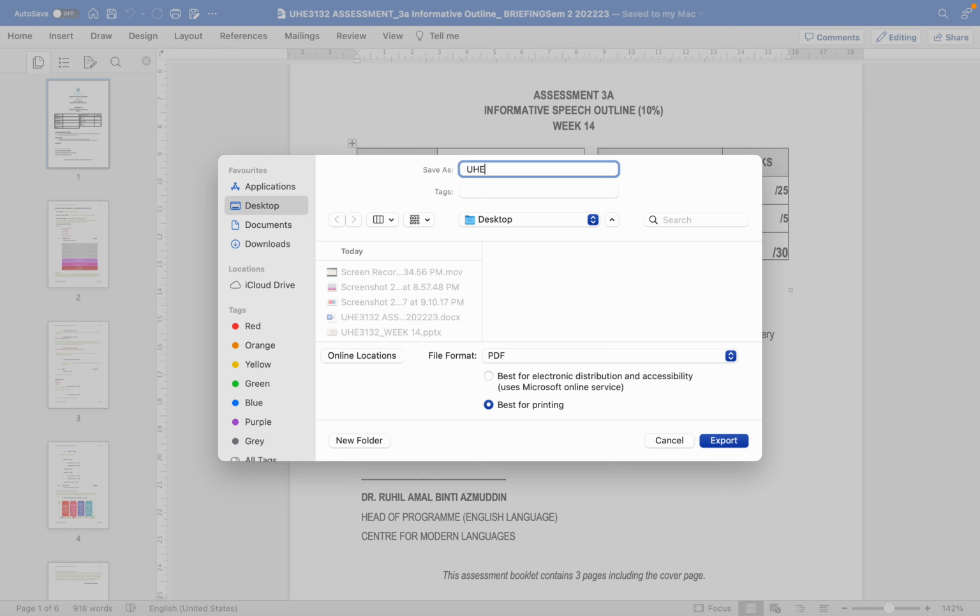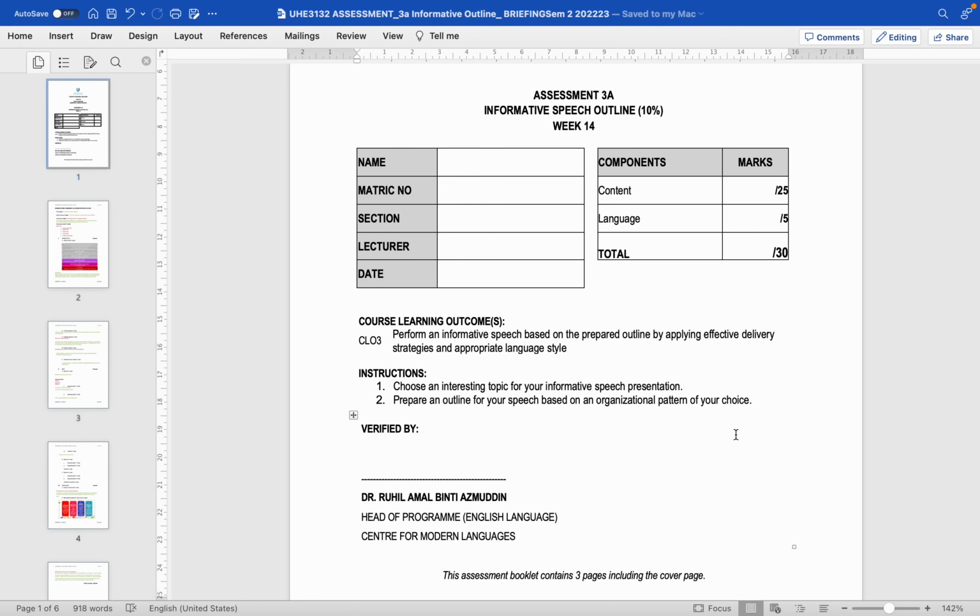So here we have UHE 3132 informative speech outline underscore your name. So my name is Warner Farah. Okay, and then export it to PDF. Okay, so when you submit to me as the final submission, it will be in PDF format.